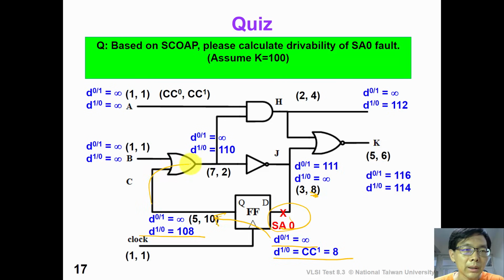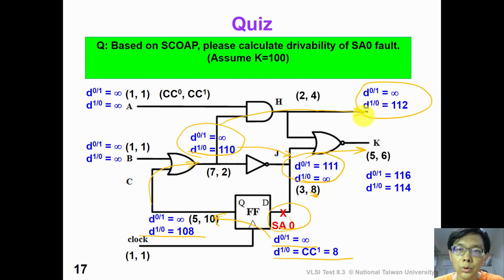And now we propagate this number through this OR gate. So the drivability would be infinity and 110. Through this inverter and also this AND gate. Finally, through this NOR gate.